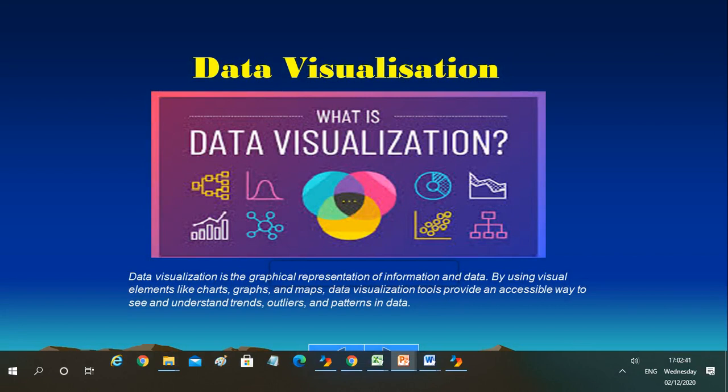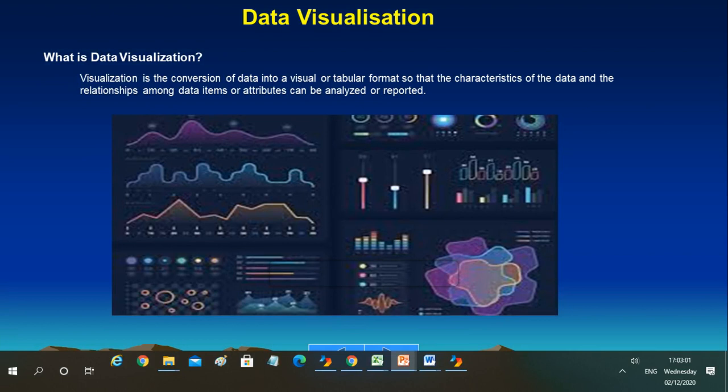Now, data visualization is the graphical representation of information and data by using visual elements like charts, graphs and maps, etc. Data visualization tools provide an accessible way to see and understand trends, outliers and patterns in the data. Now, what exactly is data visualization?